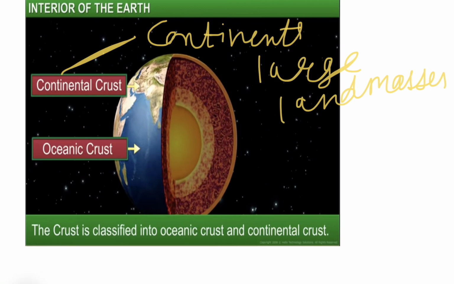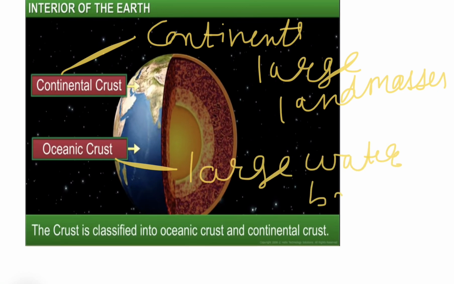Now, oceanic crust means where all the water bodies reside. This oceanic crust is composed of different large water bodies, and those large water bodies are called oceans. So it means that oceanic crust is where oceans are and continental crust is where large land masses or continents are.